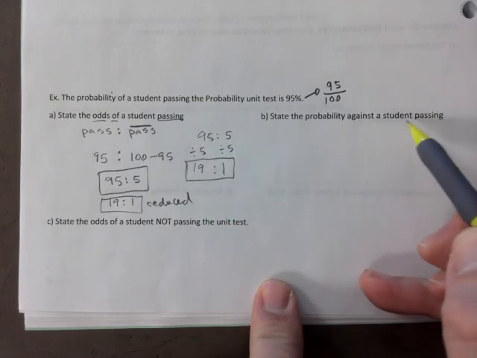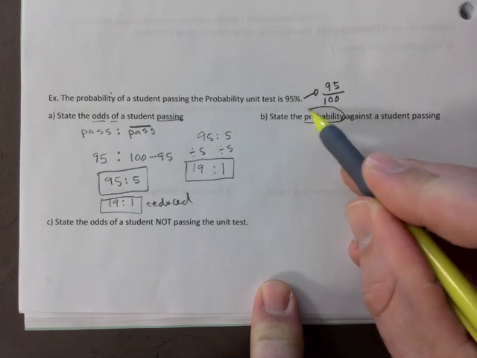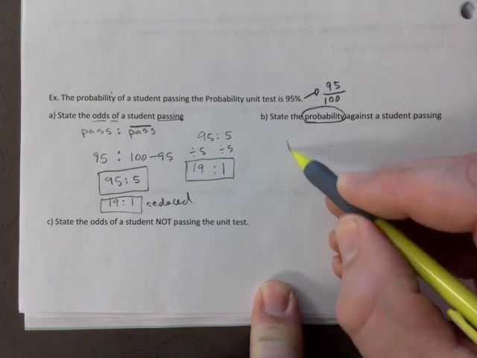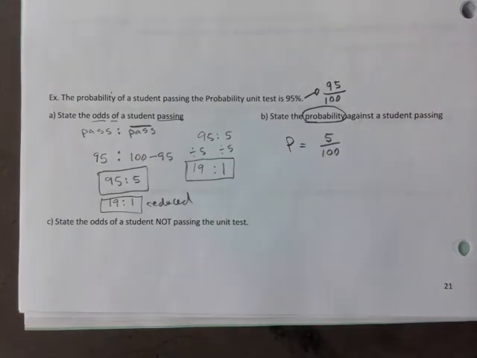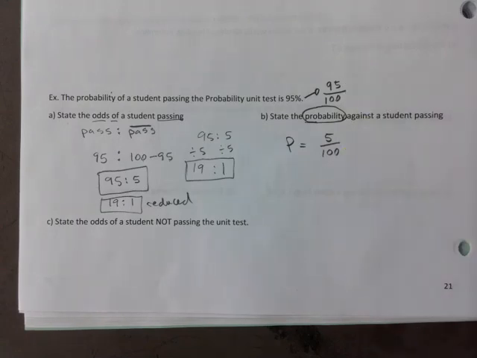State the probability against a student passing. Probability, right? Notice that. It has to be a fraction. I think we can just write this one 5 over 100, right? Like if 95 passes, so 5 over 100 is not passing.